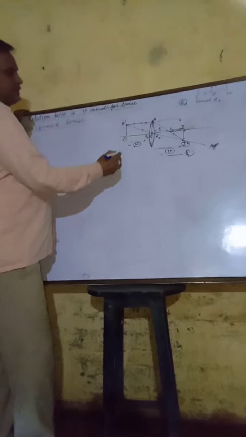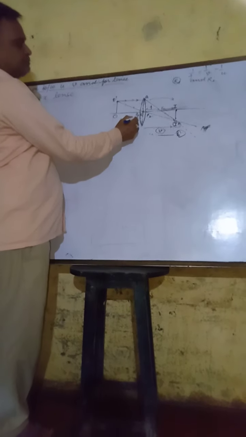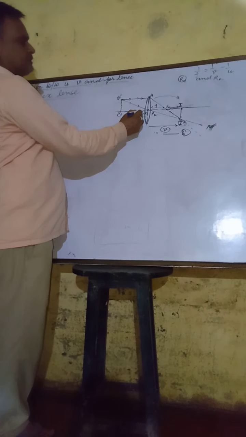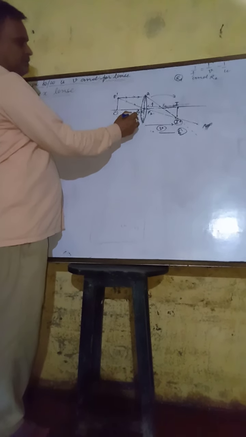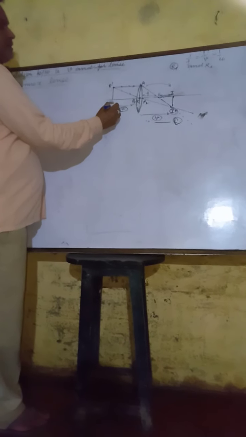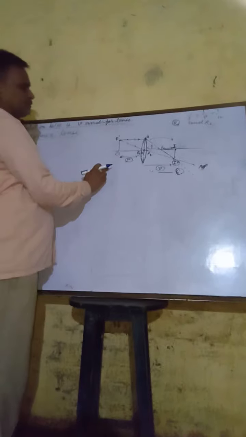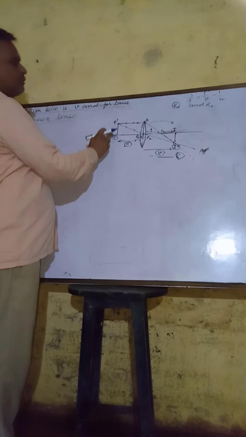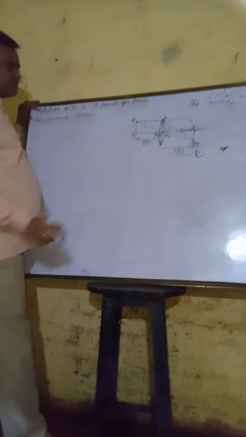On its principal axis, from the surface of the lens P1, there is an object placed on the principal axis OO dash.